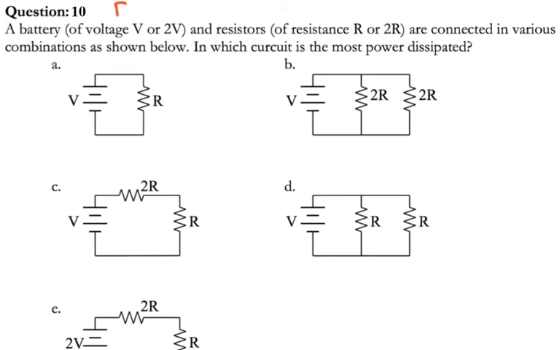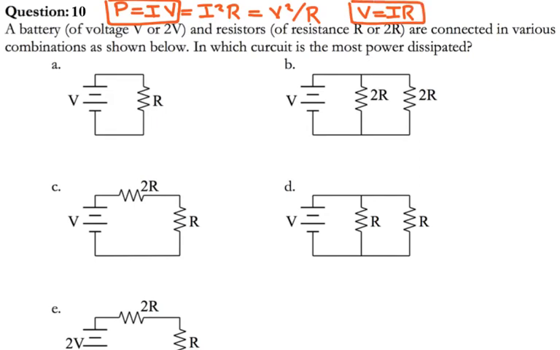Power is equal to I times V, and equals I squared R, or V squared over R. The one that you will see on the AP exam is only this formula, so you just have to use V equals IR, Ohm's law, to derive the formulas for the rest of them.